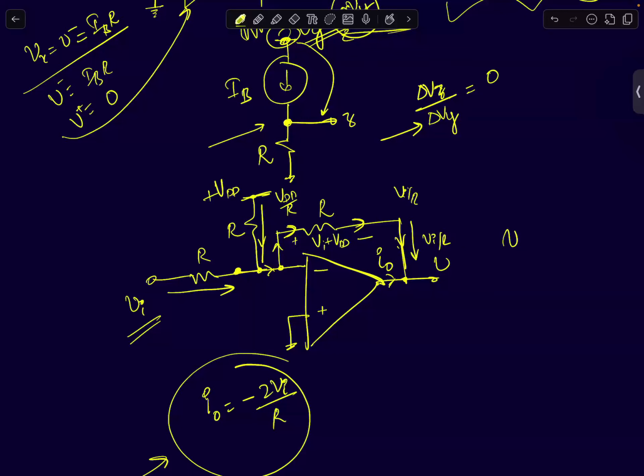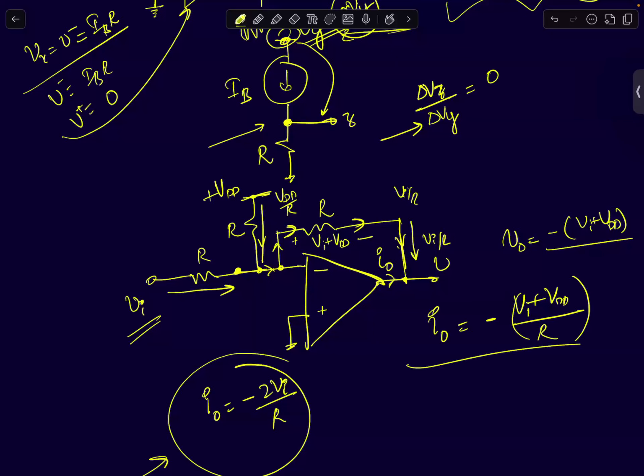Your output signal V naught will simply be equal to minus of Vi plus VDD, and the output current will be minus of Vi plus VDD by R. So that's it. I'll stop at this point.